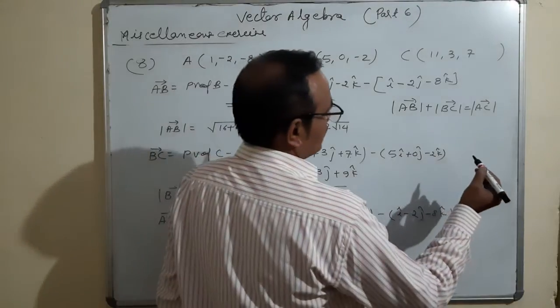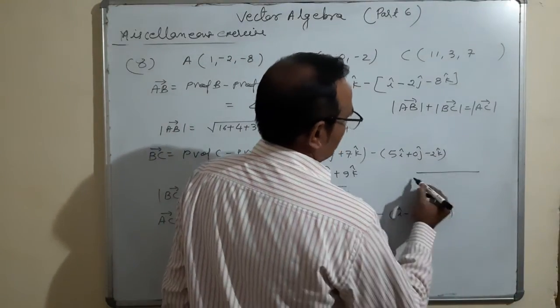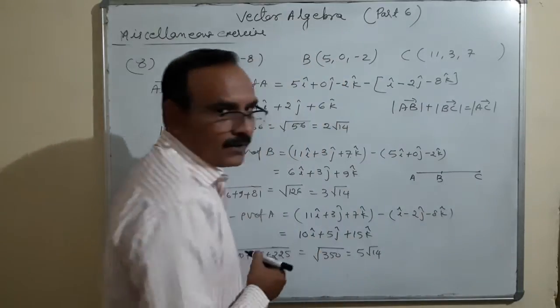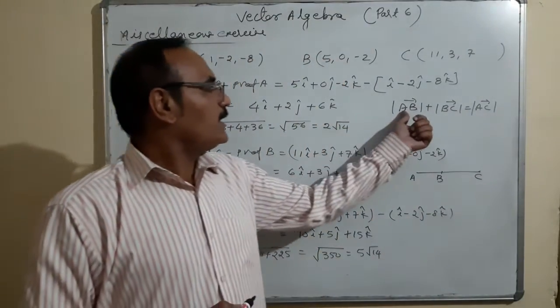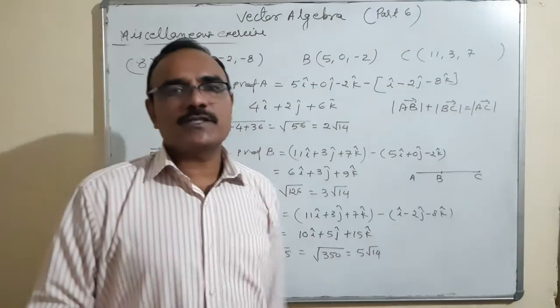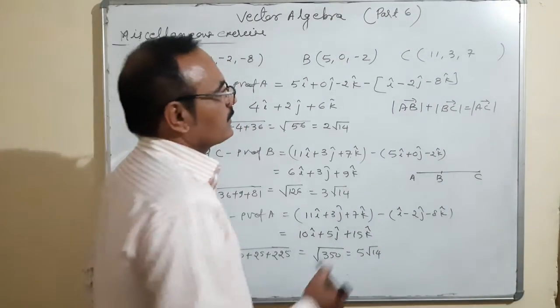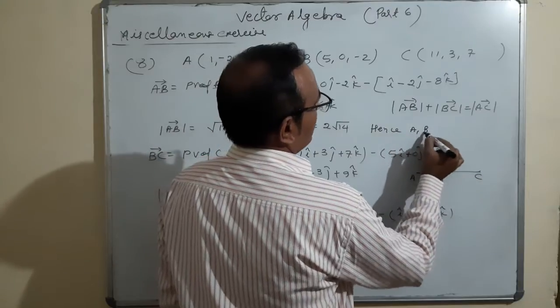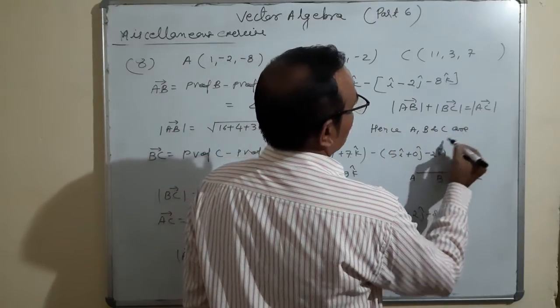The situation is something like this: there is A, there is B, and there is C. Because AB plus BC is equal to AC, the points are collinear. Hence, A, B, and C are collinear.